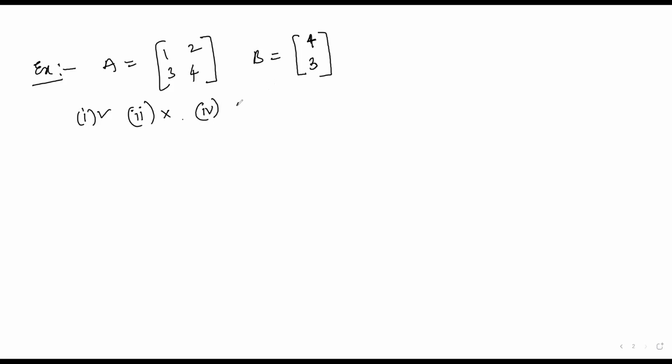Then we have to prove the fourth. I'm taking this wantedly so that we can prove (AB) whole transpose equals B transpose A transpose. Now you tell me, how do you prove it? First AB. AB is 1 into 4 plus 2 into 3.